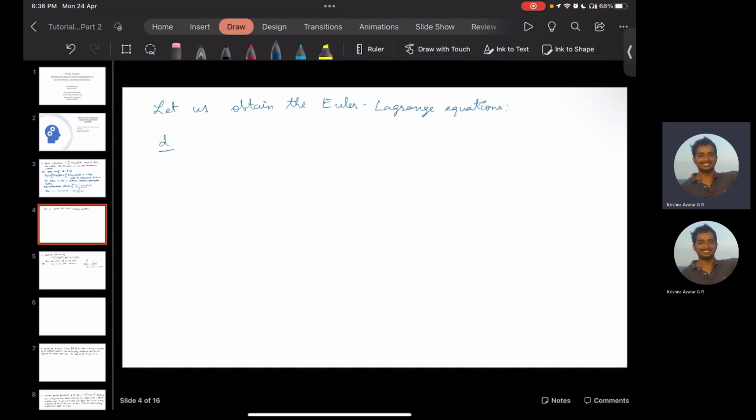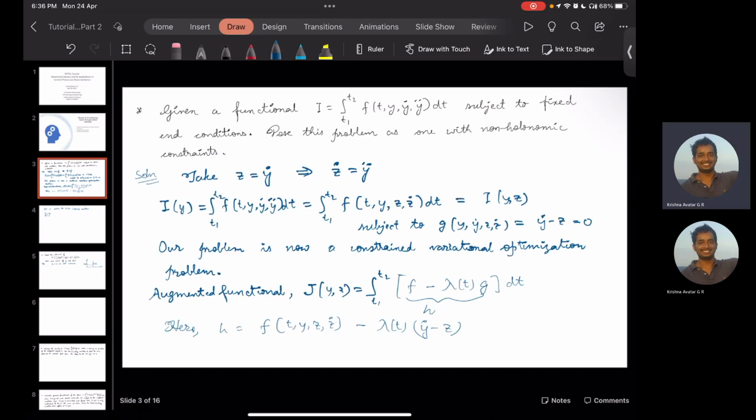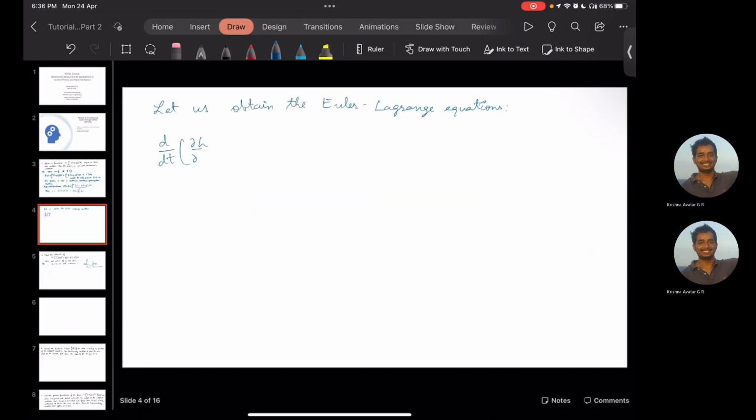Here we actually have three independent variables: y, z, and one Euler-Lagrange equation for lambda. The first one will be for y: d by dt of partial h by partial y dot minus partial h by partial y equal to 0.